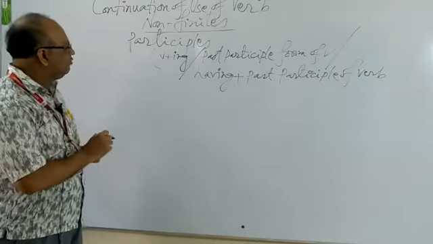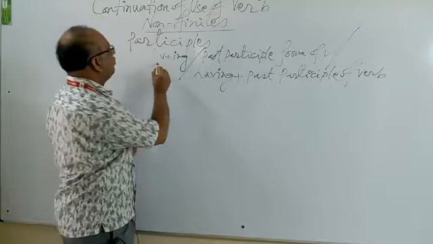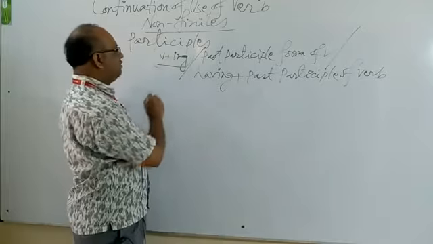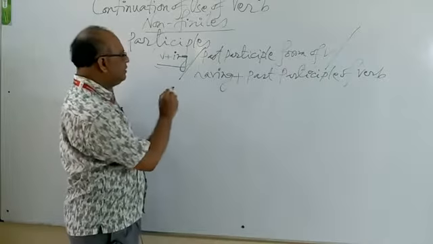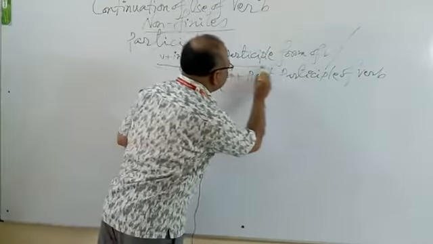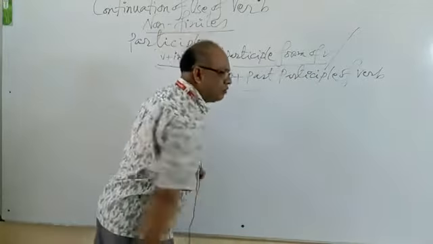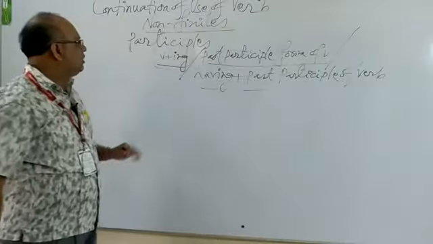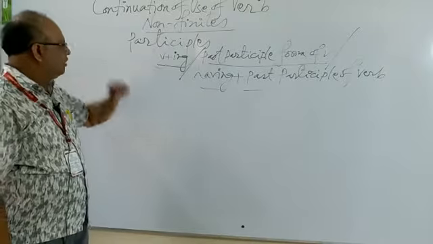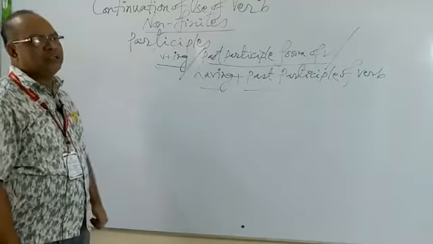So, like infinitives, participles also have three forms. It can be verb plus ing, it could be past participle form of verb, or it could be having plus past participle form of verb. So, we start from the first one, verb plus ing.